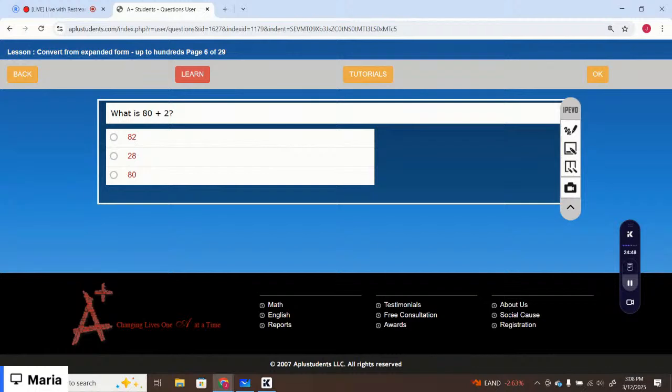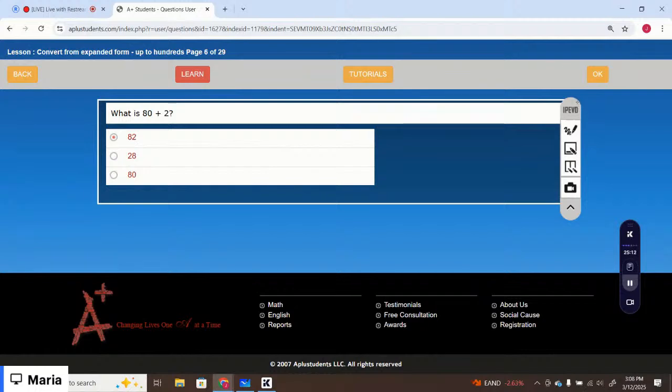What is 80 plus 2? Which is the correct option? That is 82.